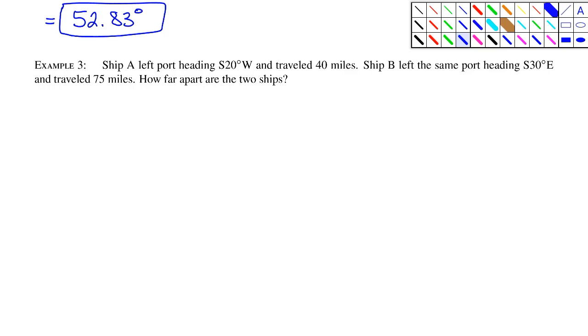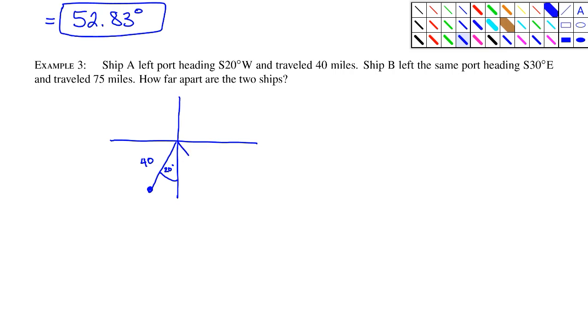So let's draw the scenario here with a coordinate grid. Ship A left port heading 20 degrees west of south. It's going to be this direction and went 40 miles. Ship B left the same port heading 30 degrees east of south.